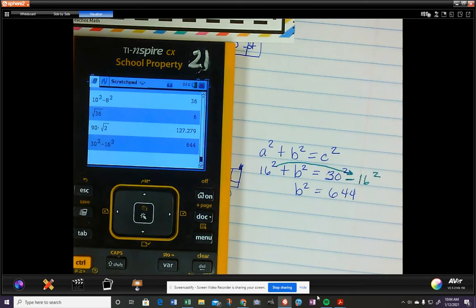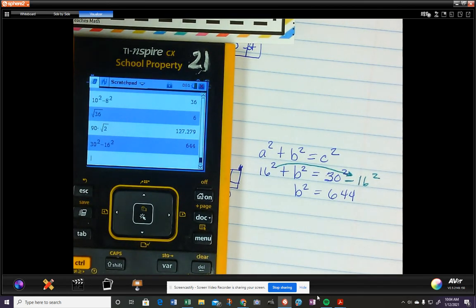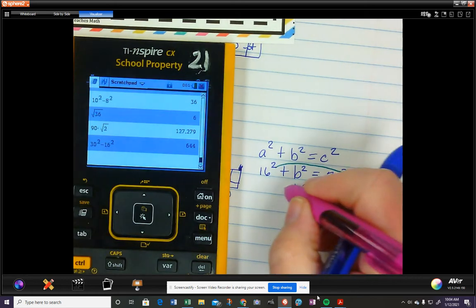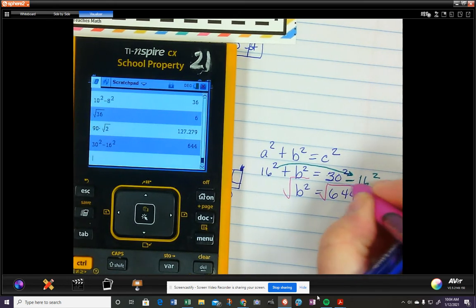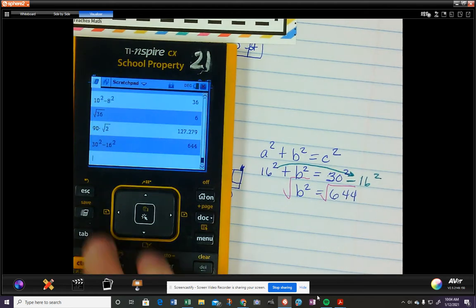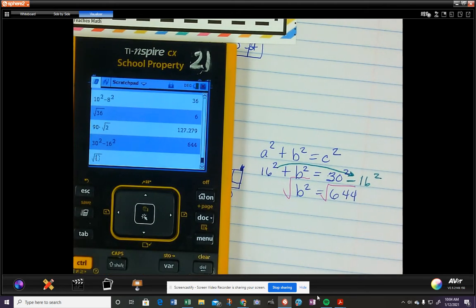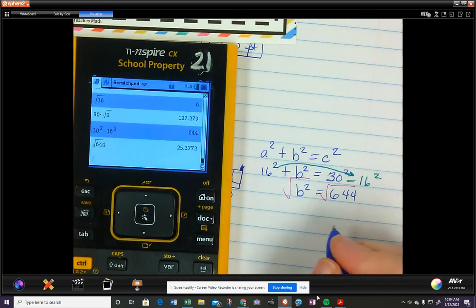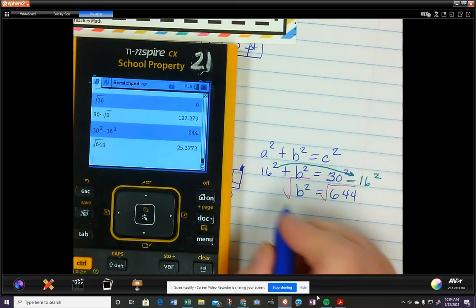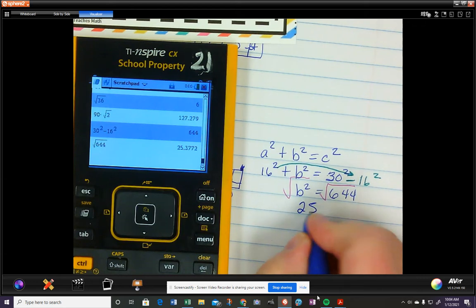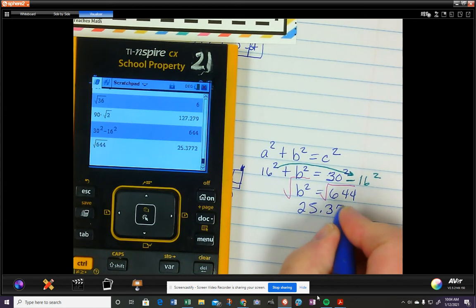Now I could rationalize this and simplify it with the square roots, but I'm not going to. I'm going to do the square root of both sides. So I'm going to do second or control square root. And I get 25.37.